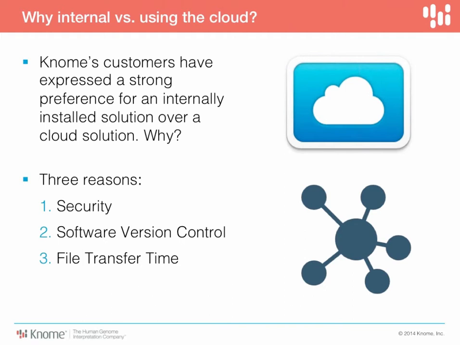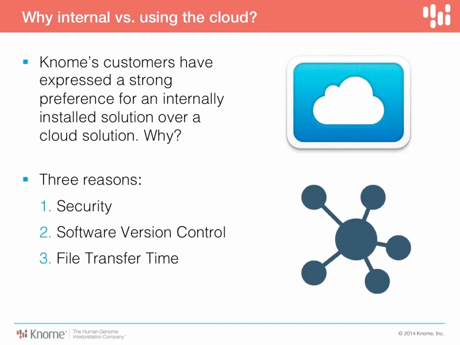And in a cloud-based solution, they find often is the case that the software updates change without their knowledge, and it leaves them in a position where they're somewhat uncertain as to what results may have changed from one software version to another. So they prefer to have complete control over the software version and decide when they make that actual software shift. Another reason why they really like something internal.